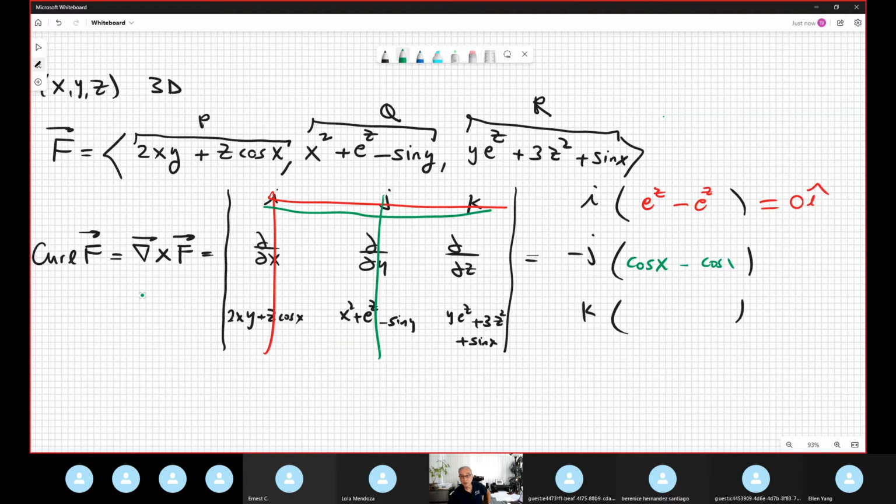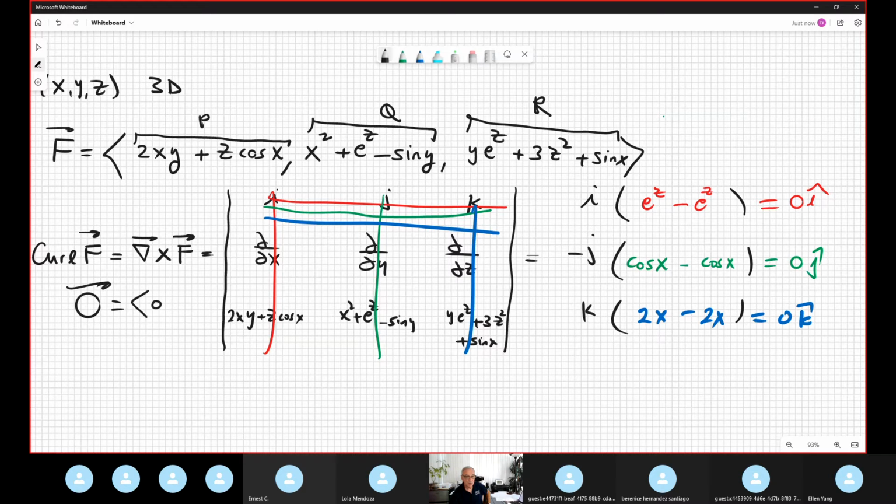Wow, cosine. It's 0j. Let me use blue color maybe. The k part is this part and this part. The derivative of this with respect to x is 2x. And the derivative of this with respect to y is 2x. It's 0k. Conclusion. Our vector field is conservative because the curl is a zero vector. Okay, the vector 0, 0, 0.